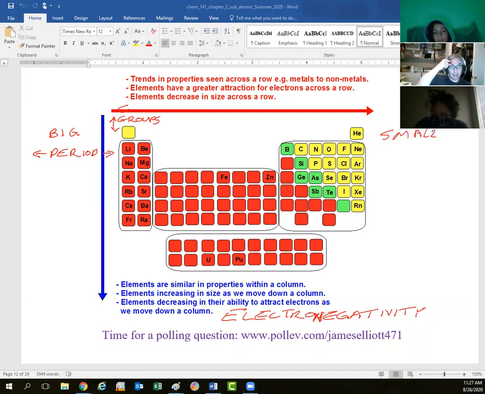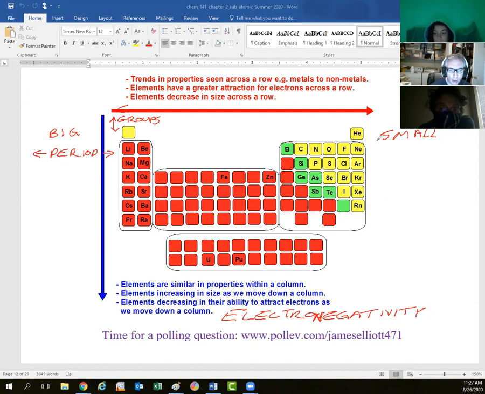Once we've had some time to talk about subatomic particles like the electrons and how they stack, we can make sense of that trend. Just for the moment, lock into your mind, the atom size starts to shrink as we move to the right. We also see changes in atom size as we move up and down the table.